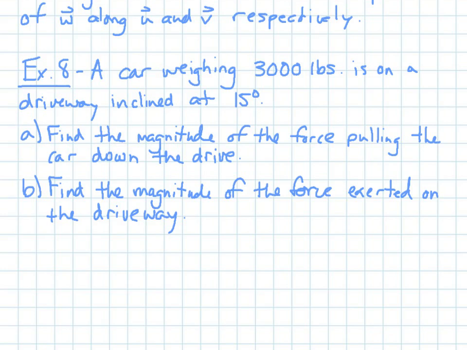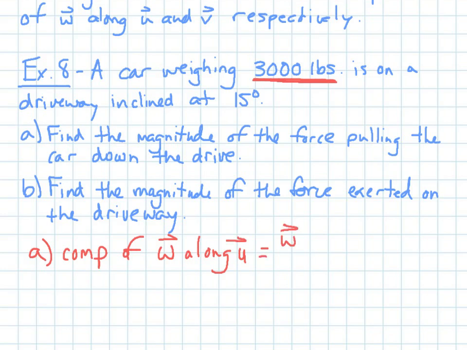So we're trying to find U and V. And you're already given W. So for this one, if I want to find A, that would be the component of W along U. Okay, that means that we're taking the dot product of W and U, and then the magnitude of U.